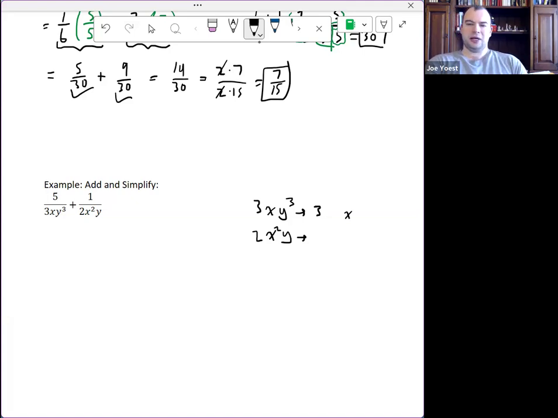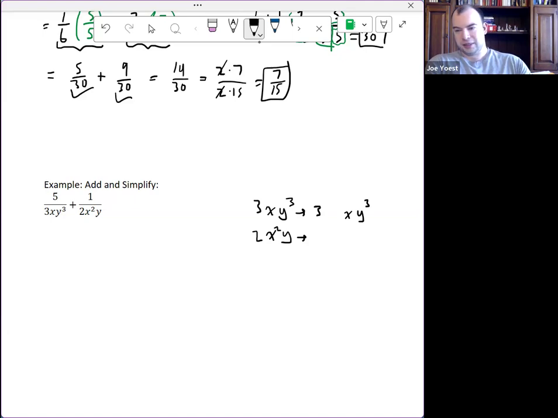I need some x's as well. To build the first denominator, 3xy cubed, I only really need 1 x building block. And I need some y's as well, and I need 3 of those. So to build the first denominator, I need a 3 building block, an x building block, and 3 y building blocks.